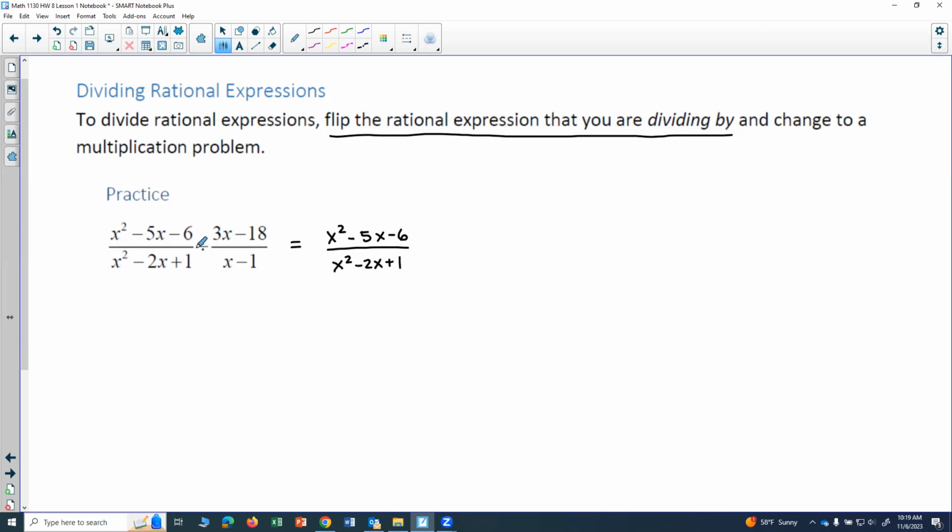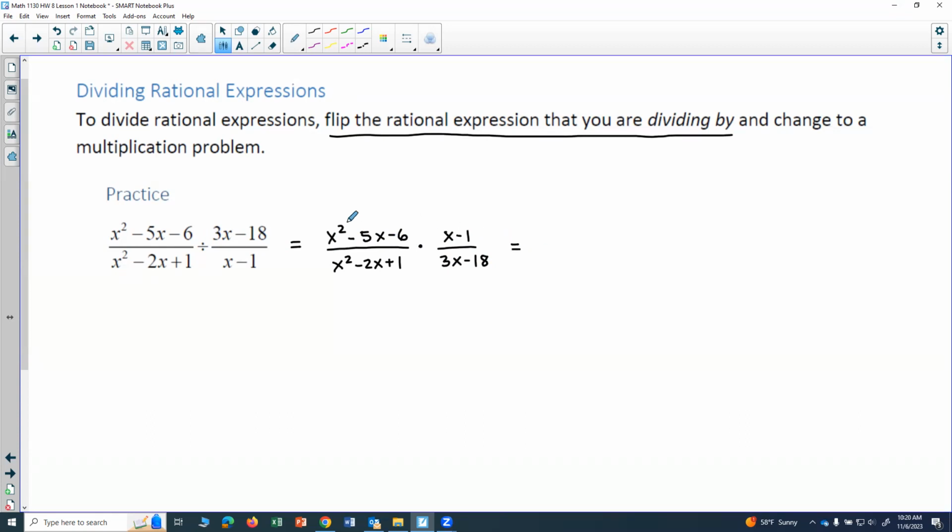And now this second rational expression, I'm dividing by 3x minus 18 over x minus 1. But if I flip the fraction, I can change to multiplication here. So I'm going to multiply by x minus 1 over 3x minus 18. So all I did was I changed the division to a multiplication, and I flipped the fraction.